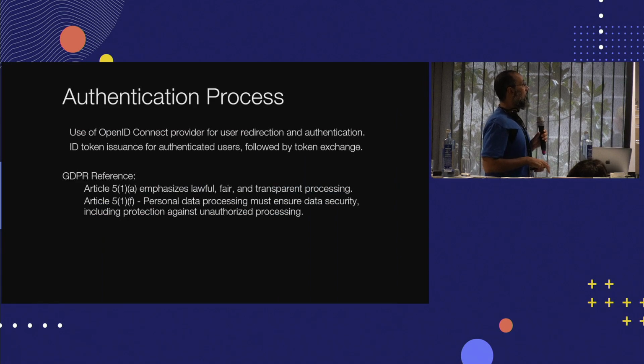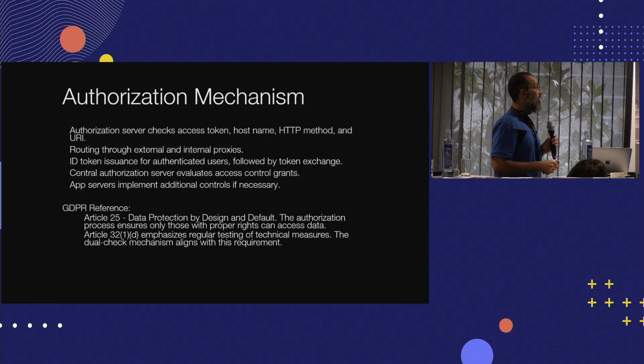So this is based on OpenID Connect and the tokens, OIDC tokens. So it's also completely compliant with GDPR. And the authorization and authentication process: the ID token is issued for authenticated users, followed by token exchange.